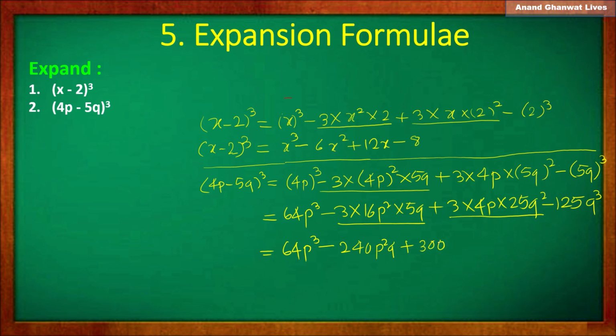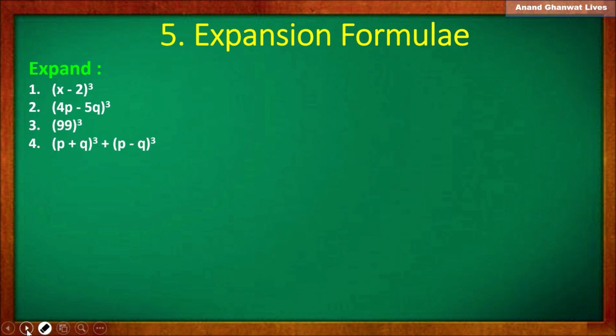So 300pq square. Note that the variables should be in alphabetical order. Minus 125q cube. So in this way we have got the cube of 4p minus 5q. Okay, I hope that you understand this.